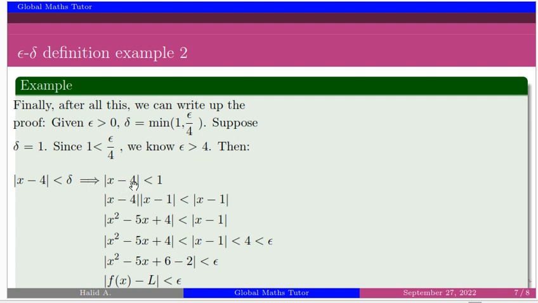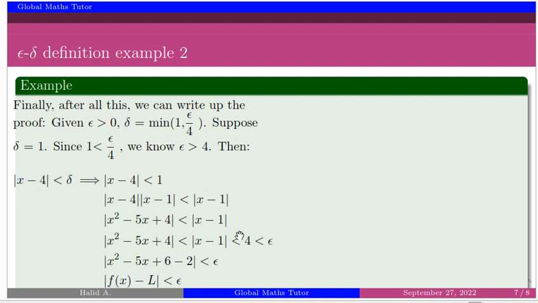Thus we can multiply both sides by |x minus 1|, and this |x minus 1| is less than 4 because we already did that before, and then these expressions will be less than epsilon.